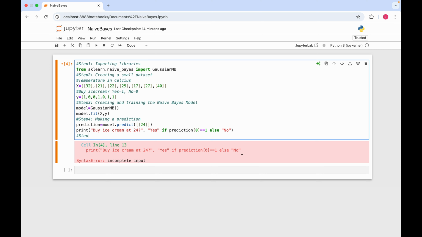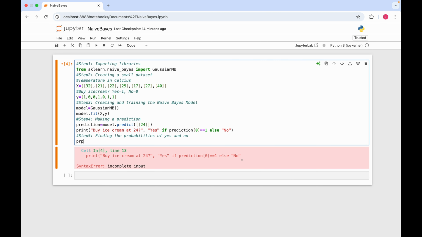Next step is step 5, finding the probabilities of yes and no. Then prob equals model.predict_proba of 24.